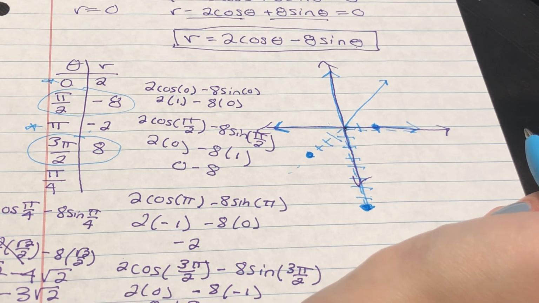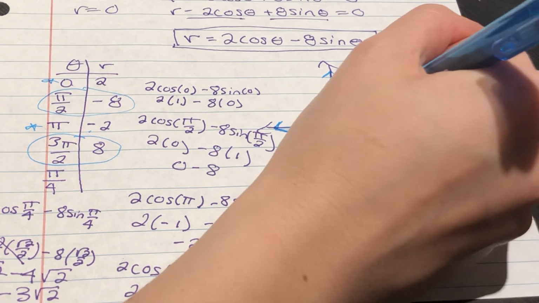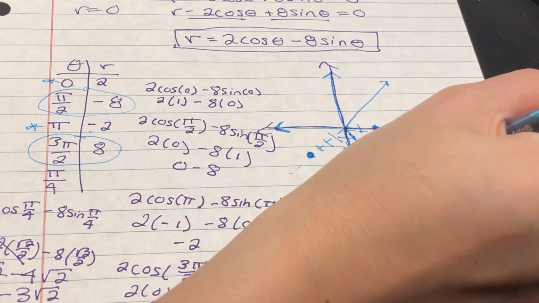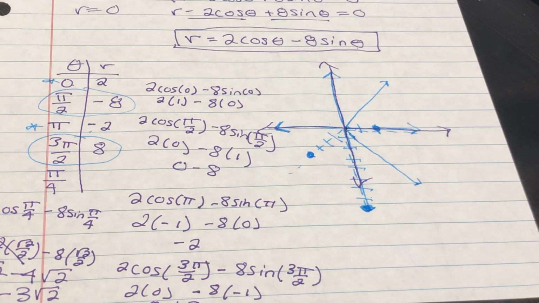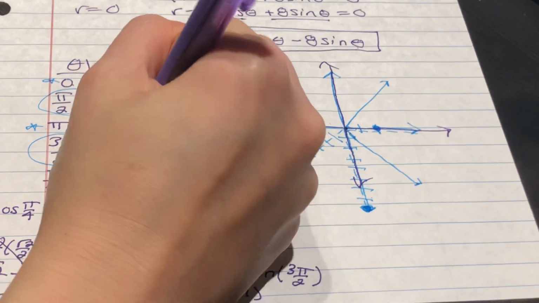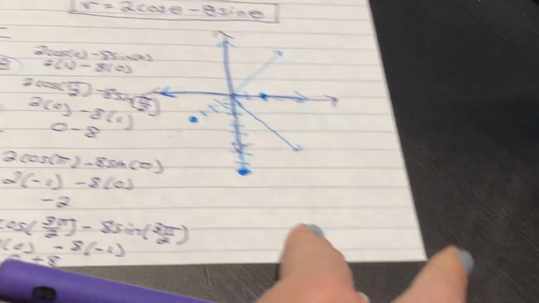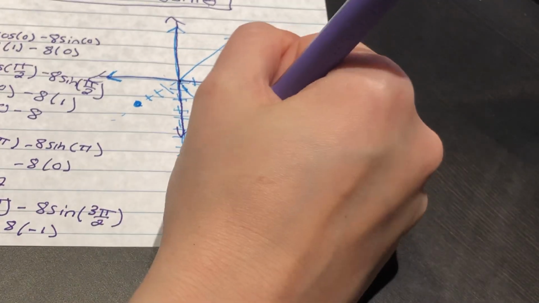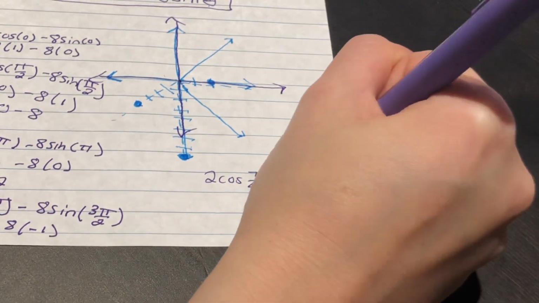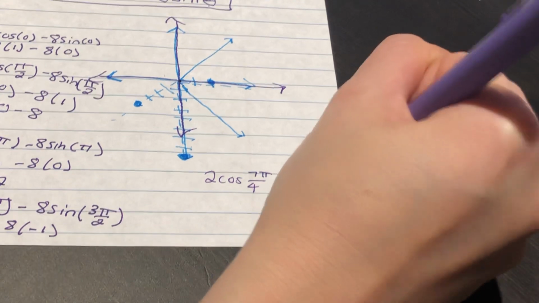let's do 7 pi over 4. Let's go over here. See what happens at 7 pi over 4. So at 7 pi over 4, we're going to do the same thing. 2 cosine of 7 pi over 4 minus 8 sine of 7 pi over 4.